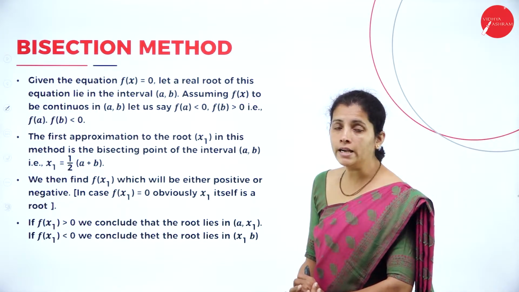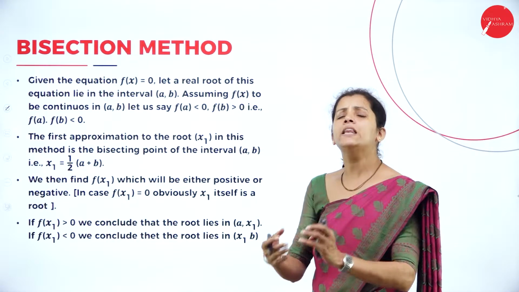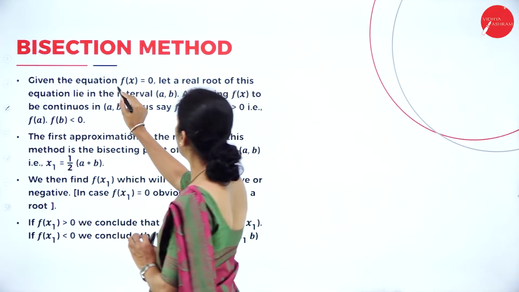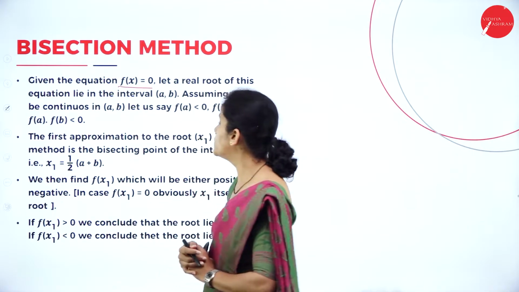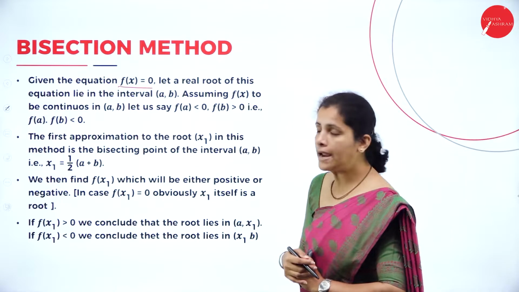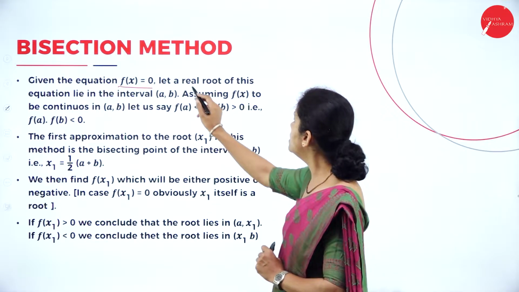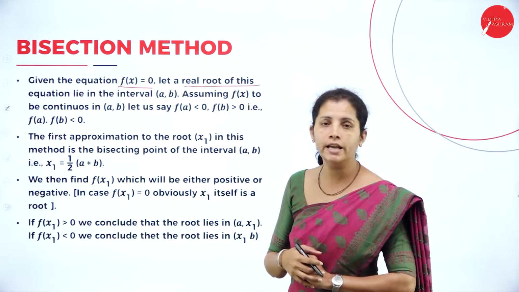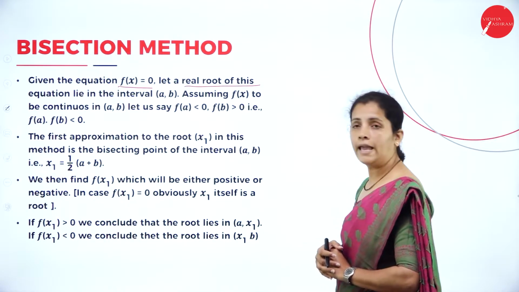So dear students, consider any given equation that is represented in the form f(x) = 0, and let a real root of this equation lie in the interval (a, b).